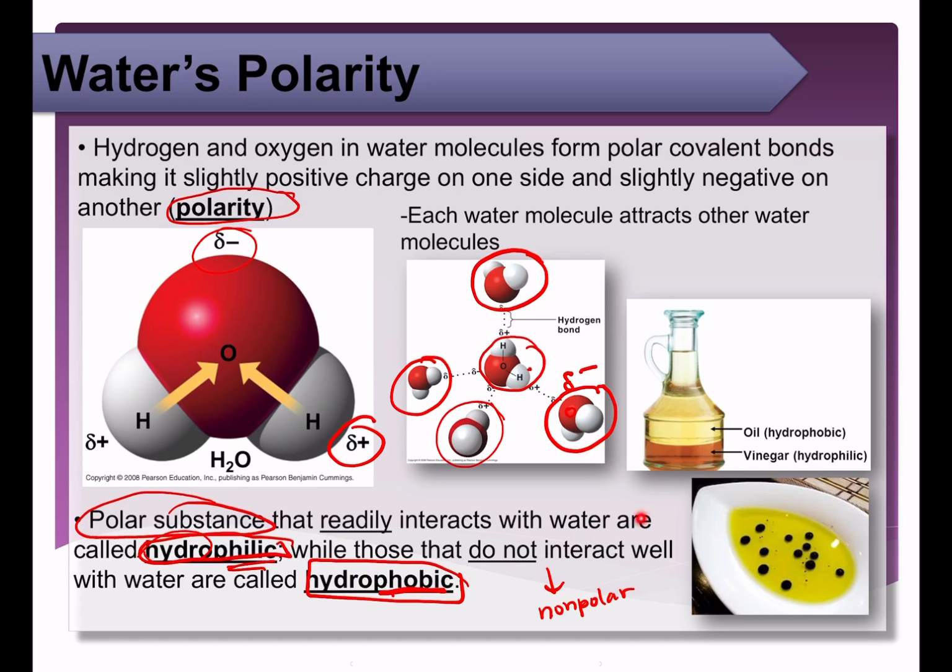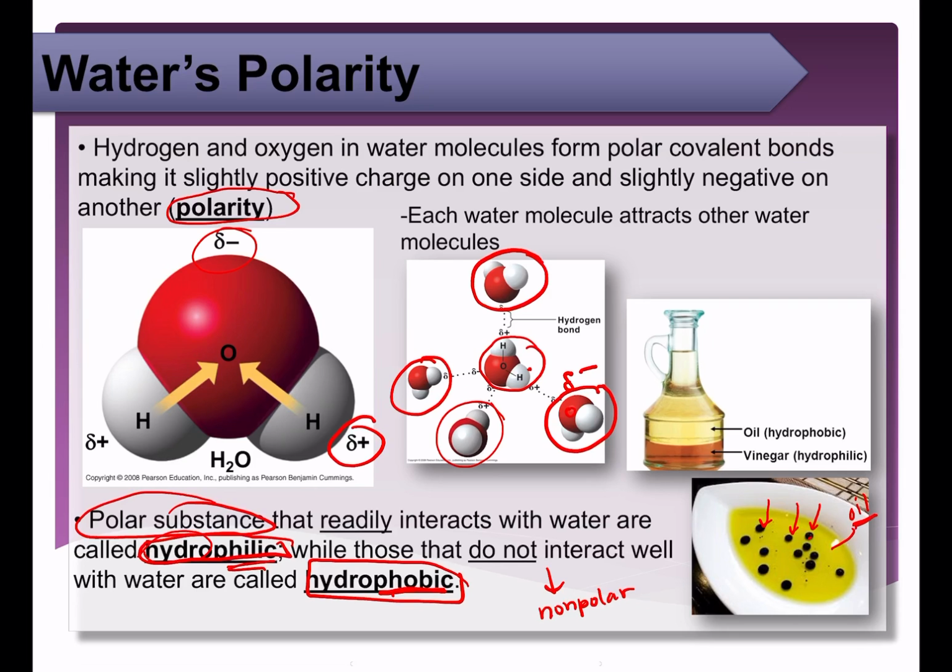And this can easily be seen when we think about vinegar versus oil. We like to dip our little Italian bread in a sauce where we have olive oil and vinegar. And when you first pour the vinegar into the olive oil, you will see these dots of vinegar in your oil. Oil is a non-polar molecule, whereas vinegar is a polar molecule that can dissolve in water.